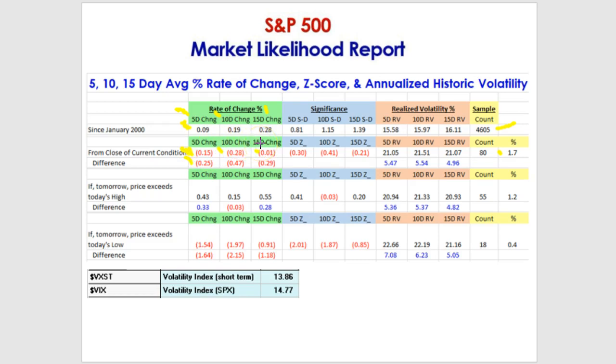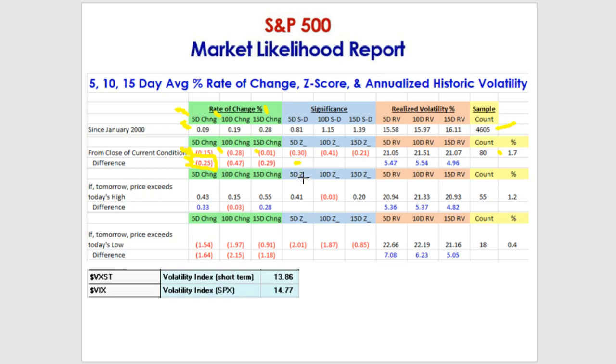Okay, when you look at how significant that is, we use something called z-scores. And this basically tells you the percentage of a standard deviation reflected by this change. In this case, that 0.25 difference is not even 1/3 of a standard deviation to the downside.